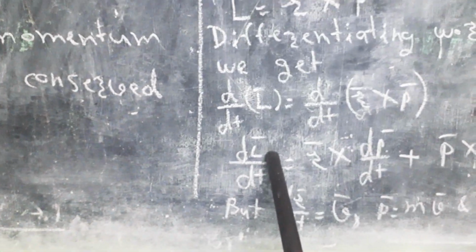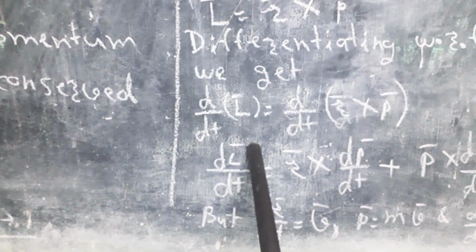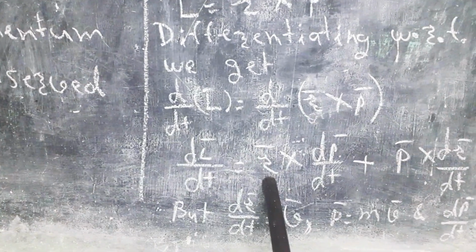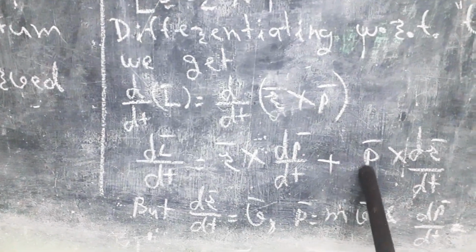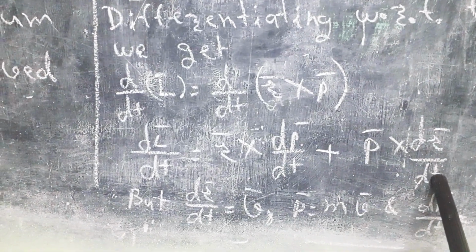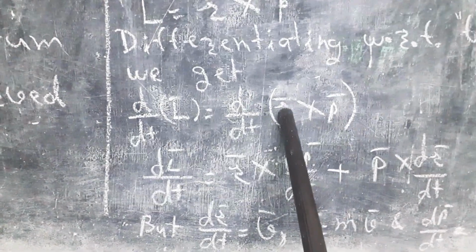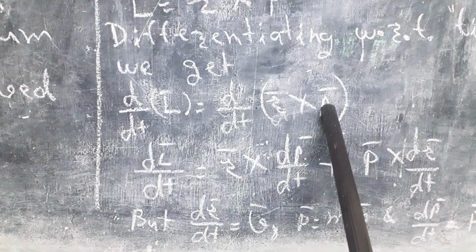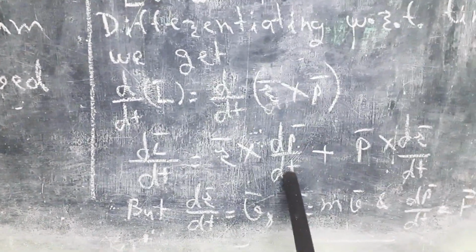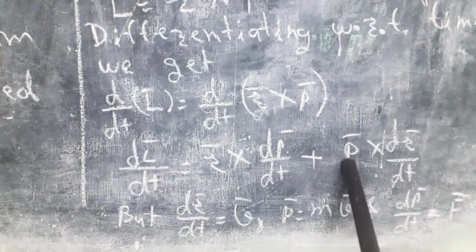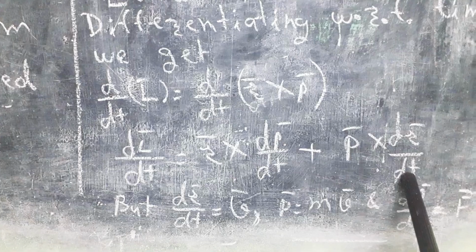So we get dL bar by dt, bar indicates vector quantity, is equal to r bar cross dp bar by dt plus p bar cross dr by dt. One rule is there: if y is equal to u cross p, then the first term as it is into the derivative of the second one, plus the second term as it is into the derivative of the first term. This is the rule of differentiation.